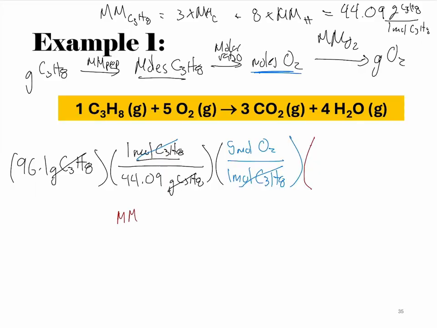Molar mass of O2. And how do you calculate the molar mass of O2? 2 times the molar mass of oxygen from the periodic table, which is 2 times 16.00, or something close to that, grams of O2 per 1 mole of O2. And so how do we use this number to get grams? What goes in the numerator, what goes in the denominator?